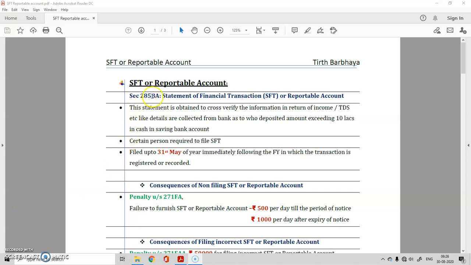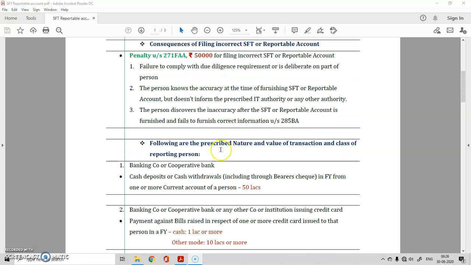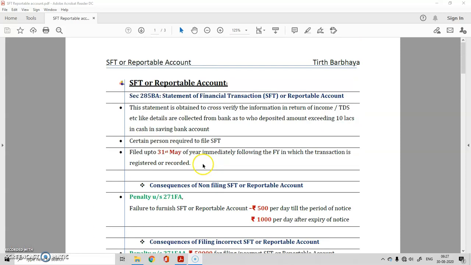As per section 285BA, the statement of financial transaction or reportable account is required to be filed by certain specified persons which are mentioned here. Now, this statement is obtained to cross-verify the information in the return of income or the TDS details like Form 26AS.